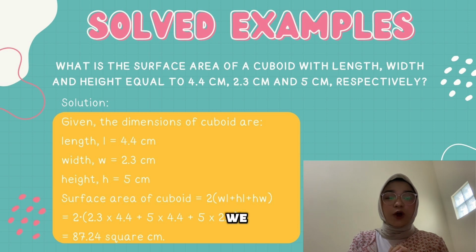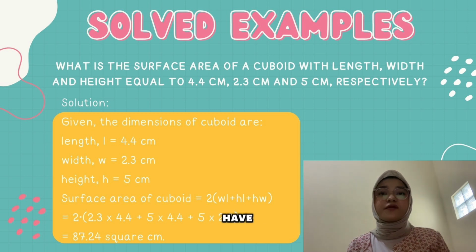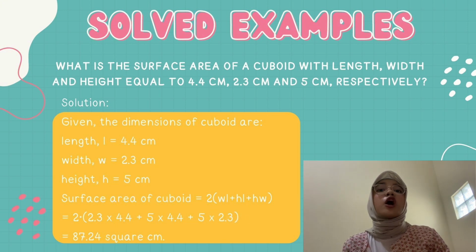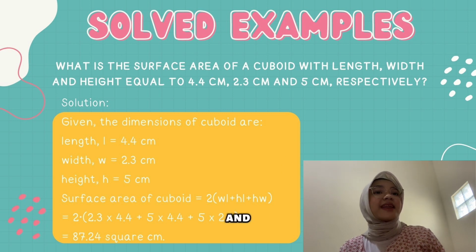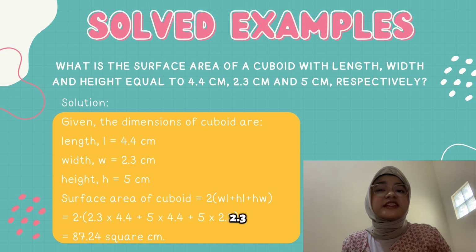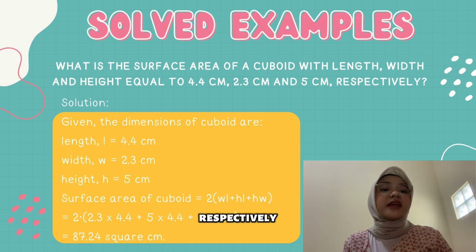Okay, next we're going to solve examples. Example 1, I have the question. What is the surface area of a cuboid with length, width, and height equal to 4.4 cm, 2.3 cm, and 5 cm, respectively?